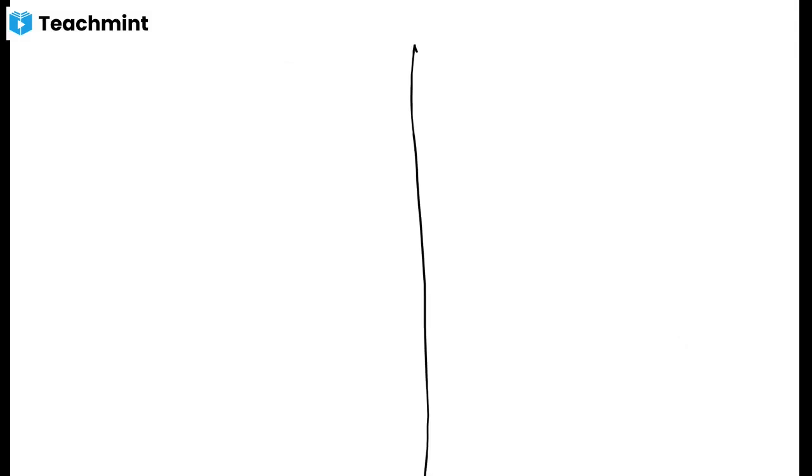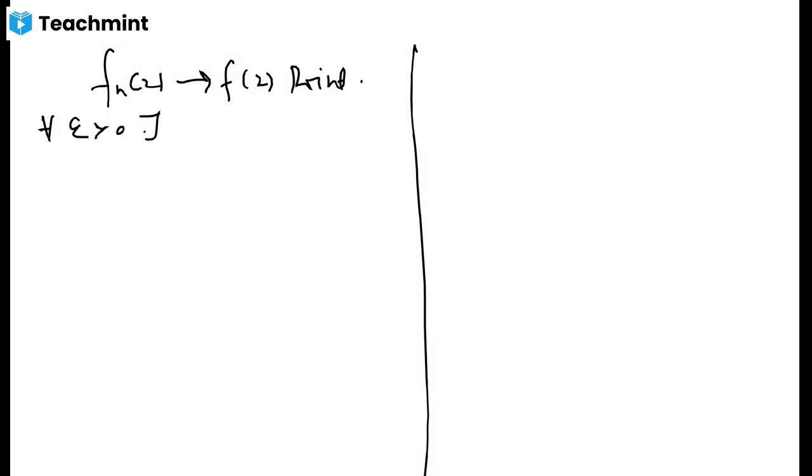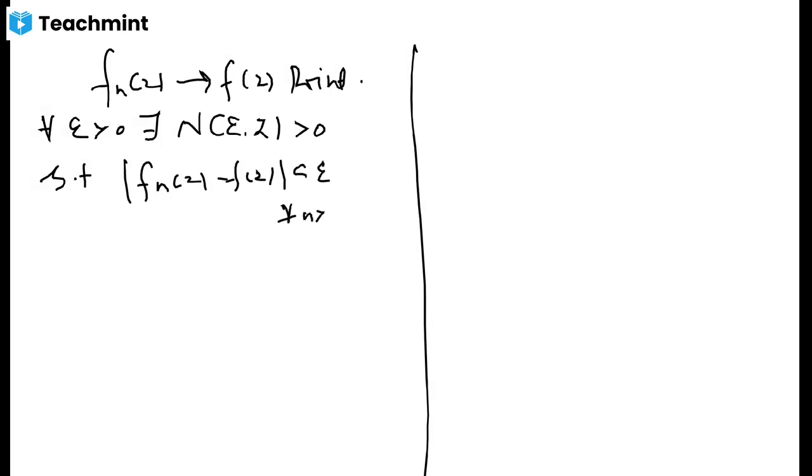When I say that the sequence f_n(z) converges to f(z) pointwise, by the classical definition, it means that for every epsilon bigger than 0, there exists some N depending upon epsilon and z, a natural number, such that |f_n(z) minus f(z)| is less than epsilon for all n bigger than or equal to N. So the stage from which onward this holds depends upon z. That means when you change z, this number may change.